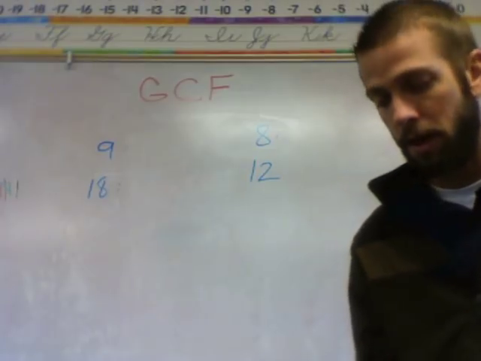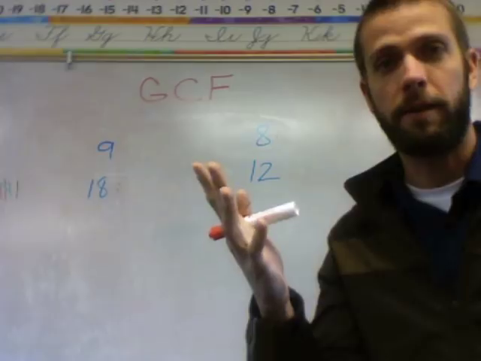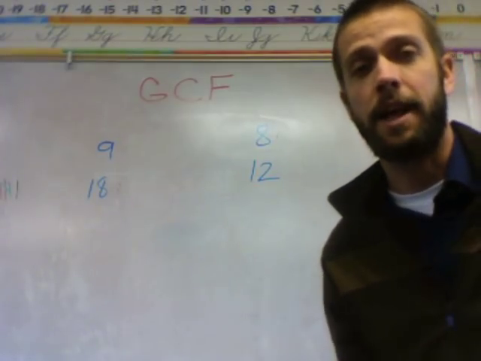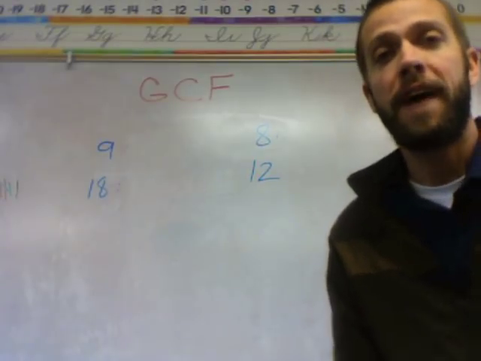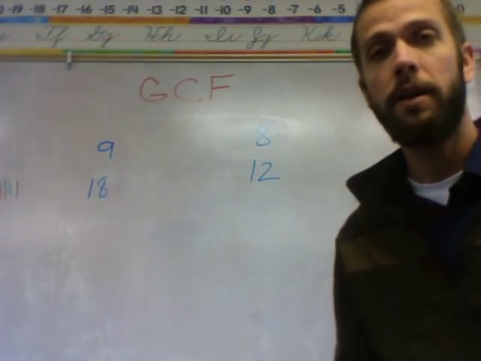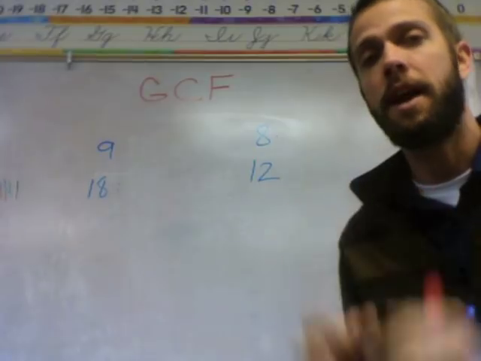Now remember, let's talk about those three words. Greatest is big, right? It's the high number. Factor, the last letter, are whole numbers that fit into another number. So the factors of 9, for example, are 1, 3, and 9. Don't all three of those numbers fit into 9?